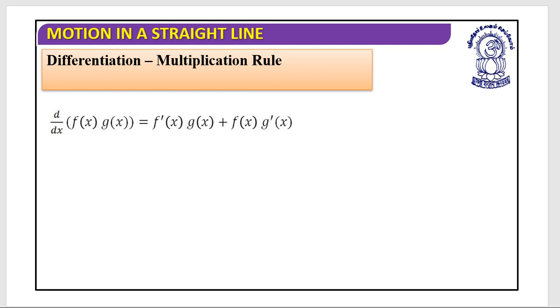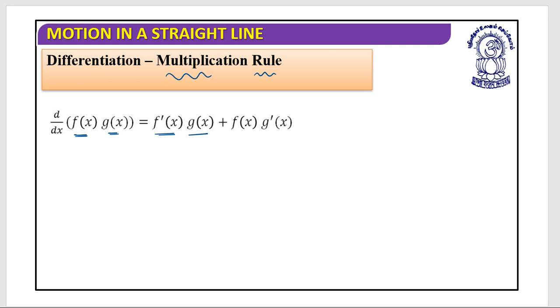So let's look at the multiplication rule of differentiation. Let's say we have two functions, one is f(x), another is g(x), d by dx of f(x) into g(x). The rule of multiplication says differentiate the first term, and keep the second as it is.